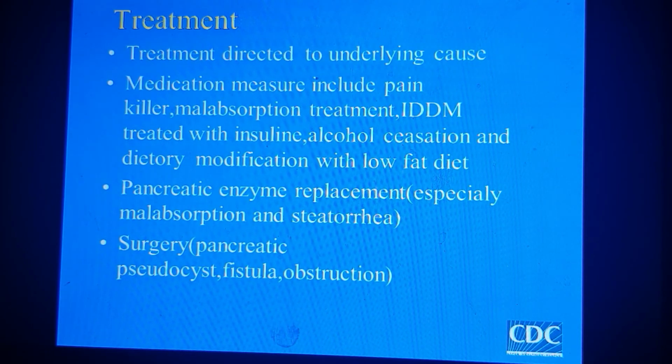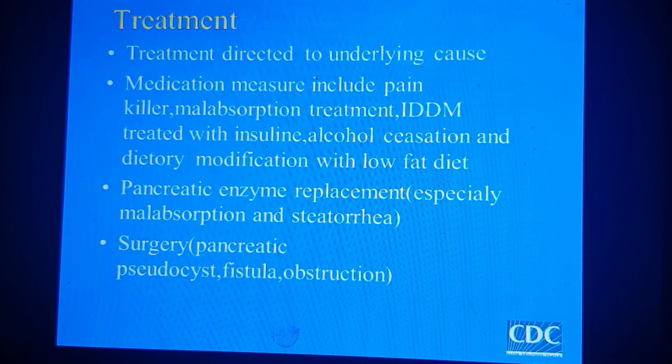Also we should replace enzymes because, as I said before, there is pancreatic insufficiency here, especially in case of malabsorption or steatorrhea, which means fatty diarrhea.